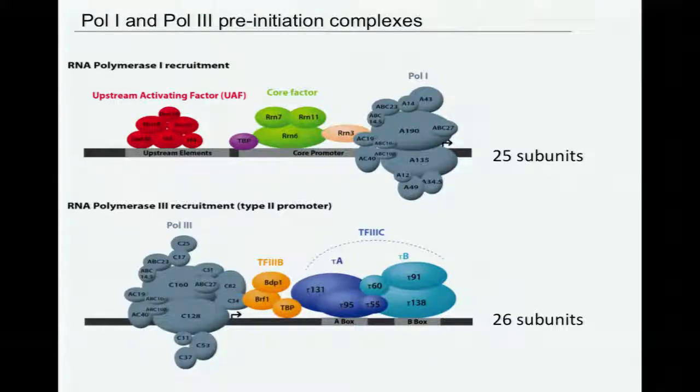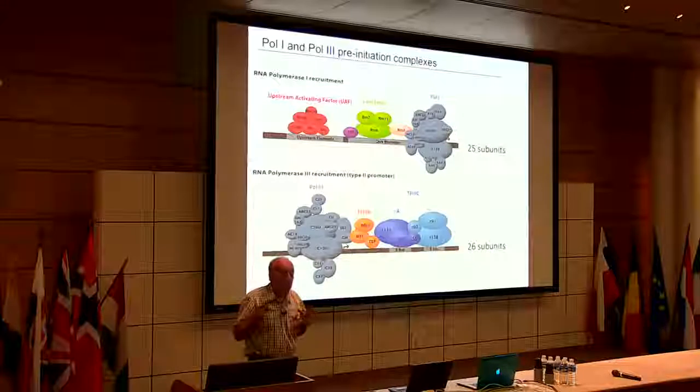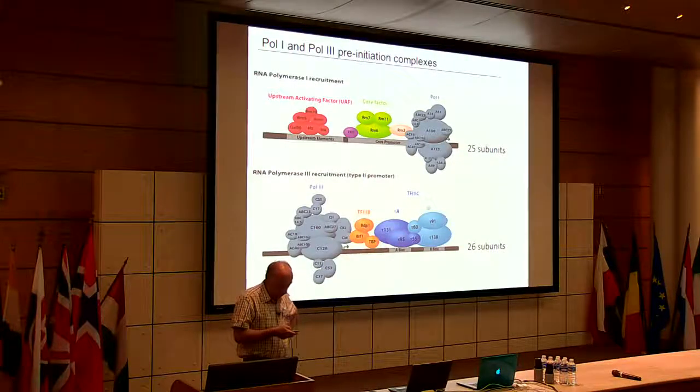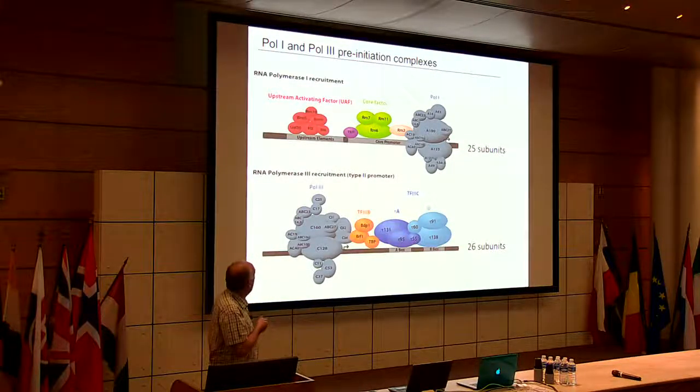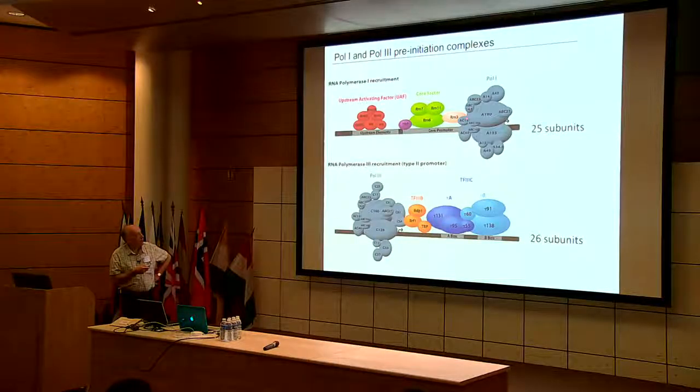So the next step now is to look at pol 1 and pol 3 pre-initiation complexes. Pol 1 and pol 3 both use their very distinct sets of general transcription factors to recruit the polymerases. In the case of pol 1, it's the upstream activating factor, which then recruits TBP, core factor, and then through a bridging factor, Rrn3, RNA polymerase 1.